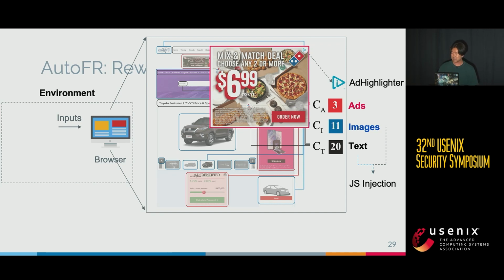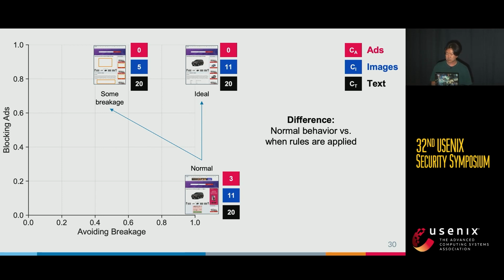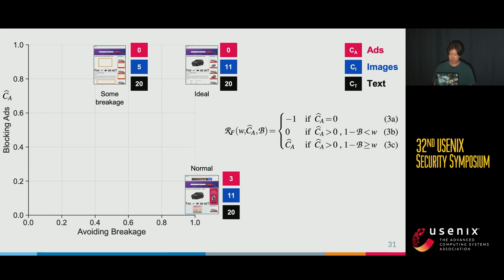And we can use these counters now to compare the difference between how a site normally behaves with when it behaves when rules are applied to it. And so using these counters once again, we are going to define our reward function. And there are various ways that we can do this. Let me explain one that we found to be effective.